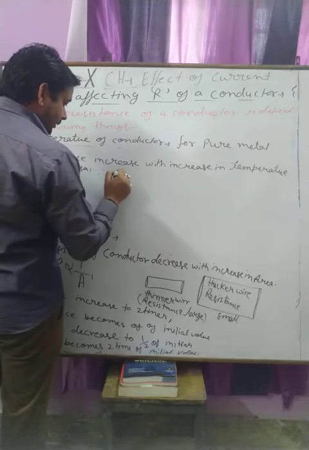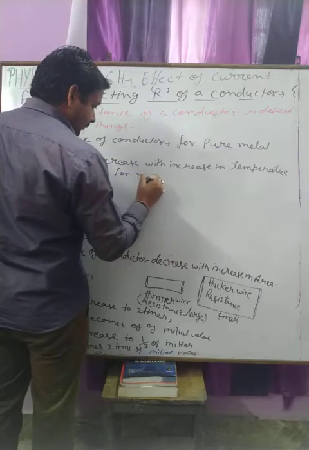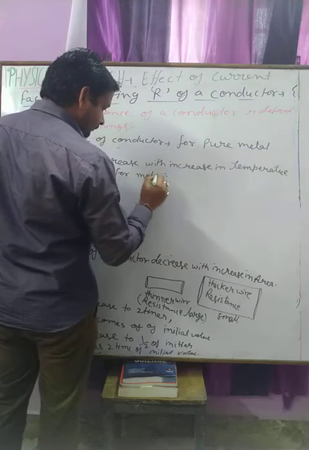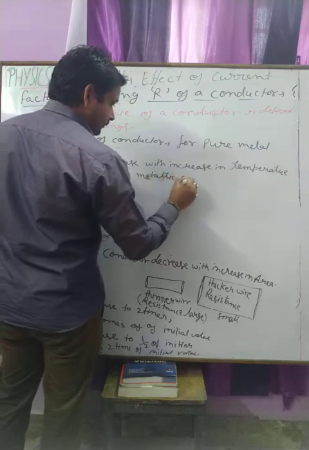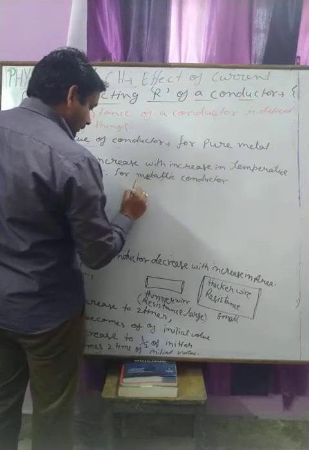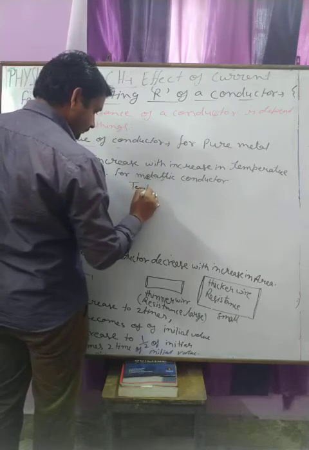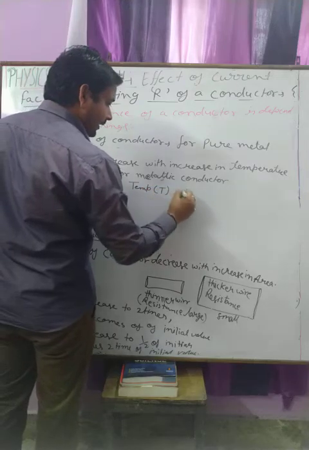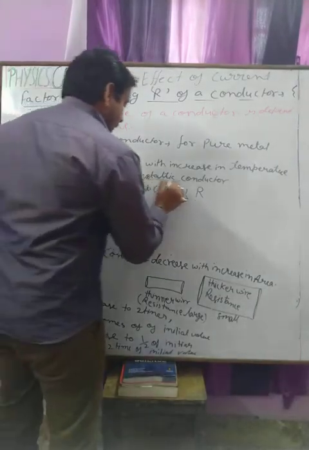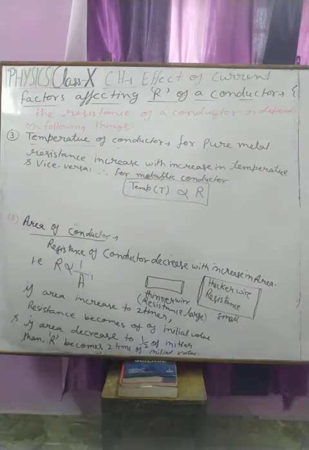Therefore, for a metallic conductor, temperature is directly proportional to the resistance. Copy this.